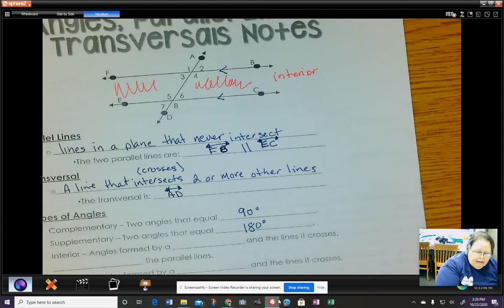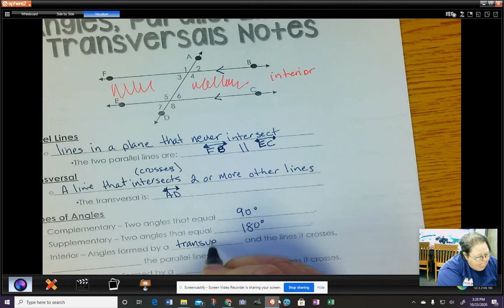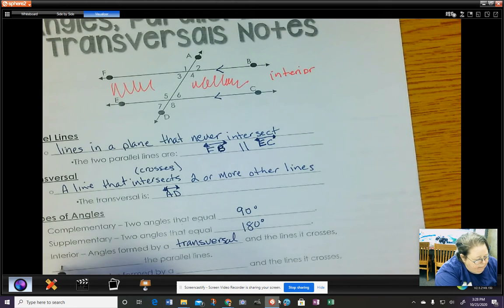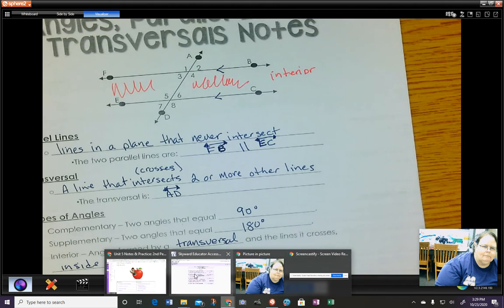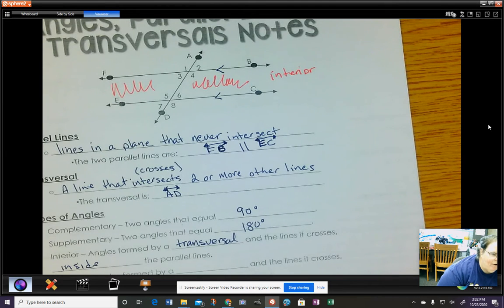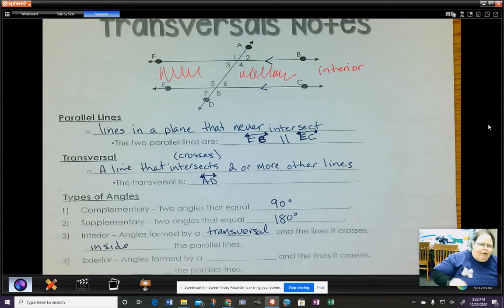Angles formed by a transversal and the line it crosses, and they are inside the parallel lines.